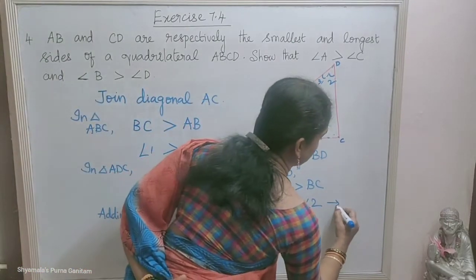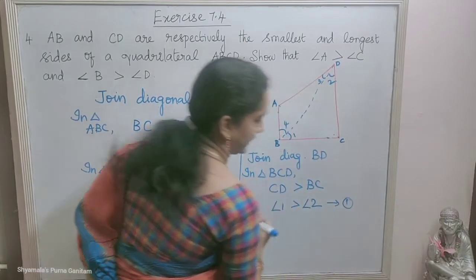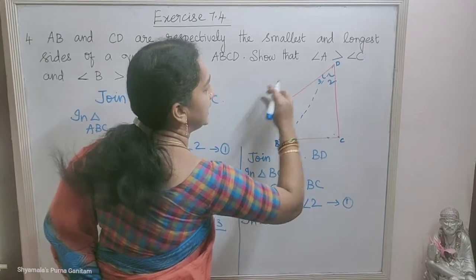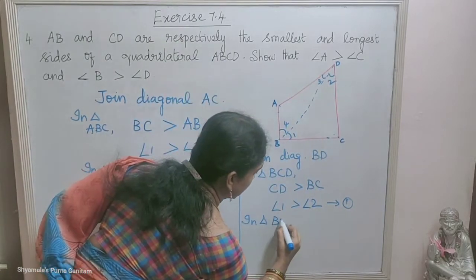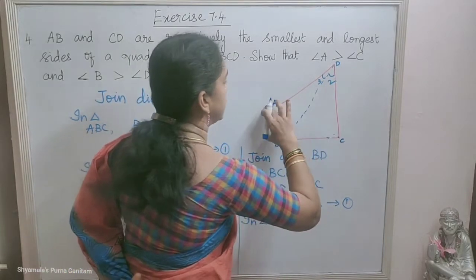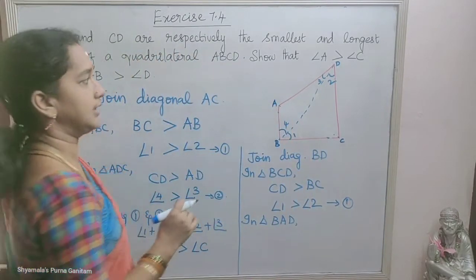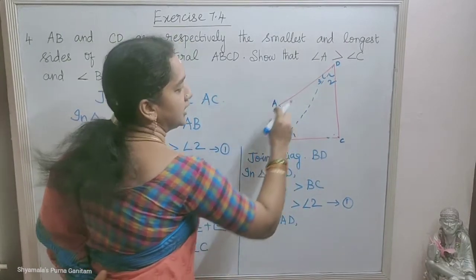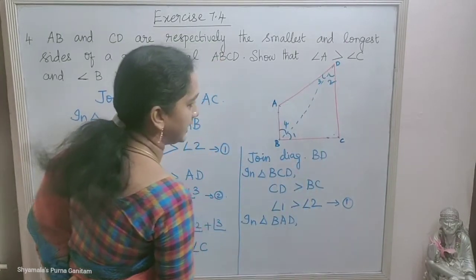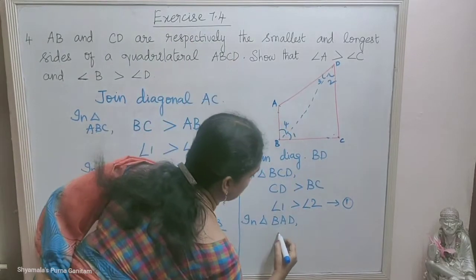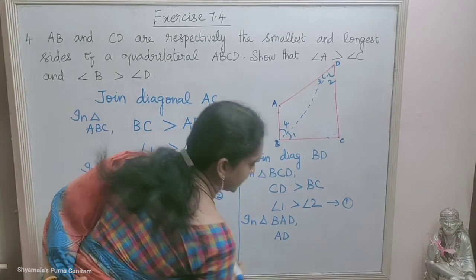Take this as the first statement. Then in triangle BAD, AB is the shortest side and AD is the longest side.